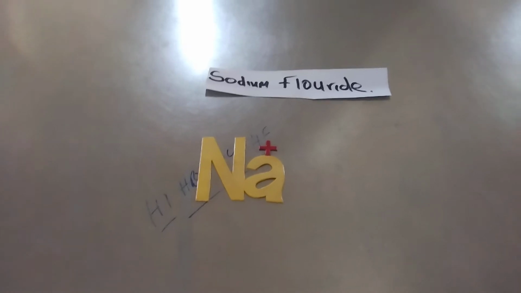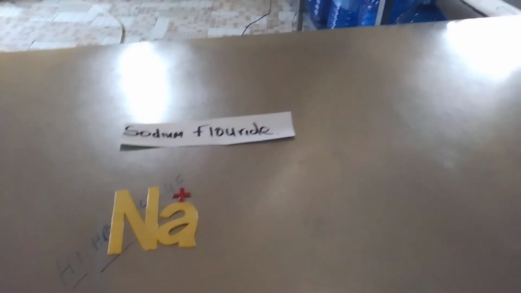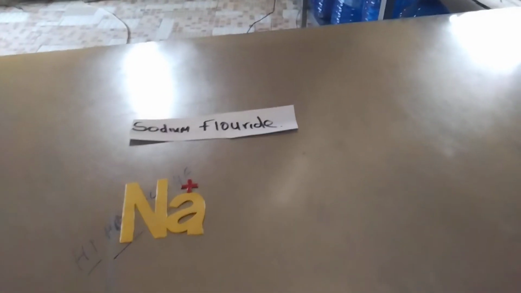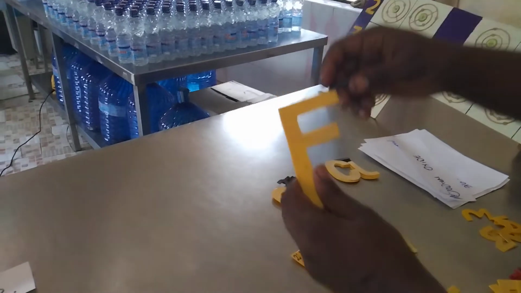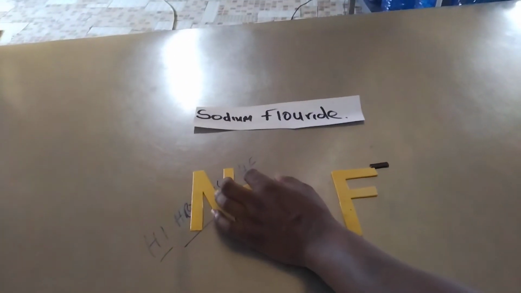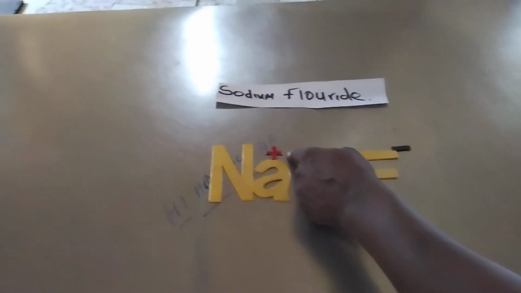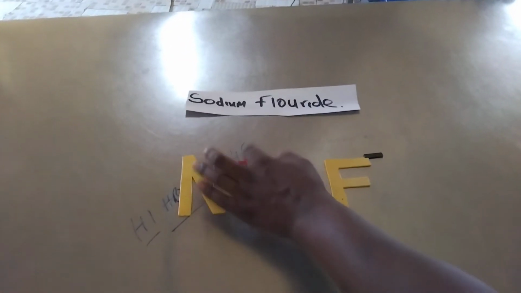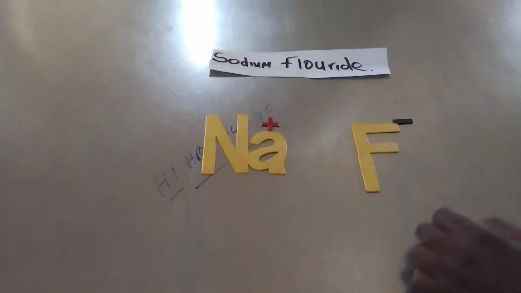Fluorine is in group number 7, so it gains 1 electron to have a stable electronic configuration, so it has a charge of -1. These are called oxidation numbers, +1. It's not a must that we write 1; if you have a plus, we know it is 1, and if we have a minus, we know it is -1.